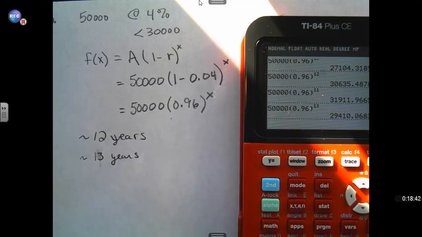I don't know what the numbers are on the one on the test, and if you put in 12 or 13, it may come out closer to 30,000. As it was, to the 12th power is about 600 away from 30,000, and to the 13th power is about 600 away from 30,000. So that's why I would accept either one there.